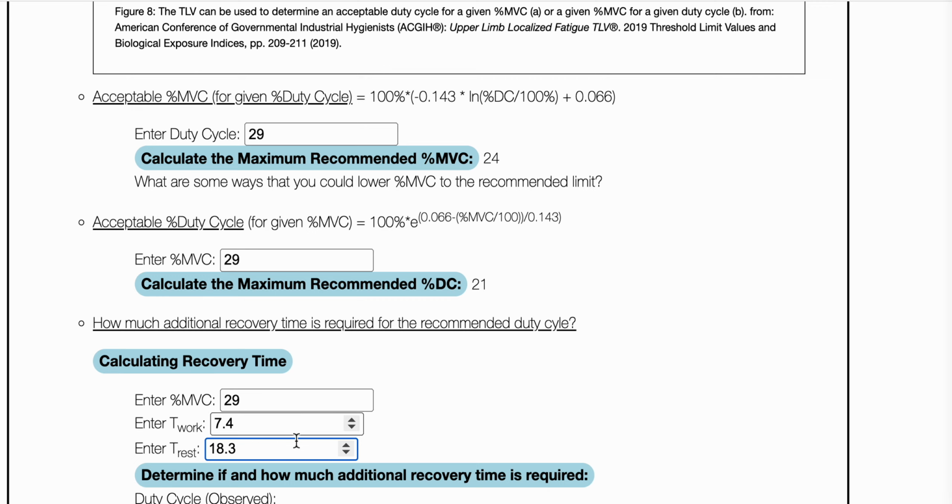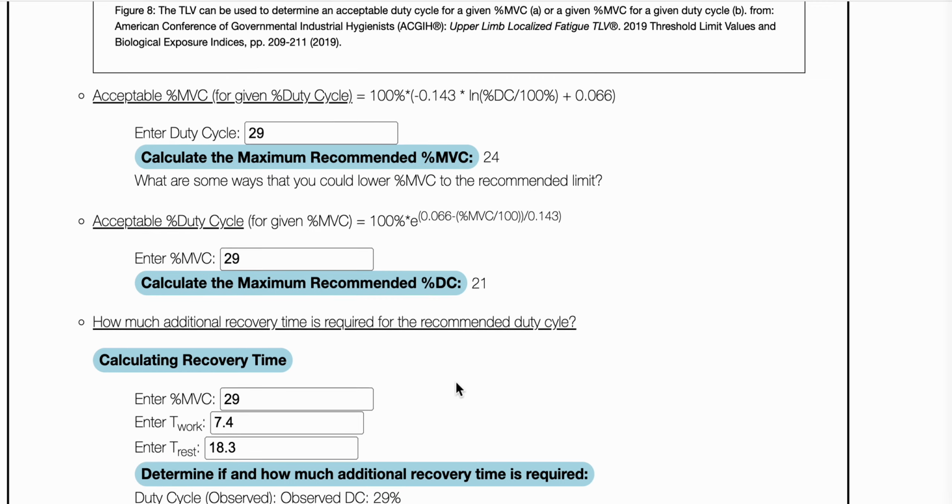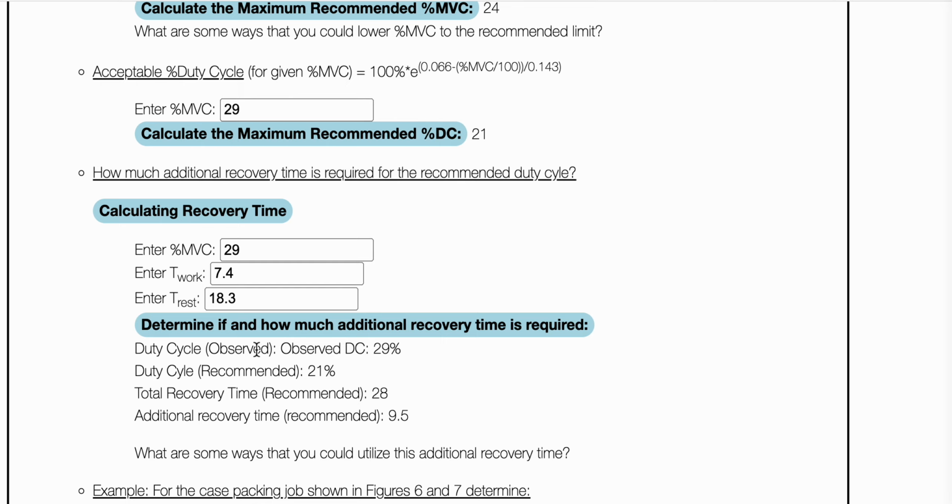I enter the numbers and click the button, and it calculates the duty cycle of 29%, which we knew. The recommended duty cycle should be less than 21%, and the total recommended recovery time should be at least 28 seconds. This means we need at least another 9.5 seconds to bring us within these limits.